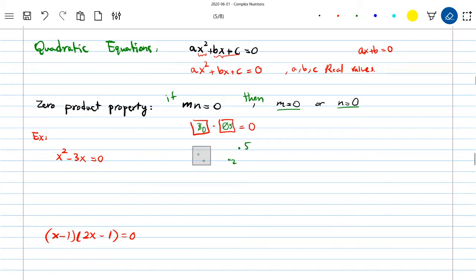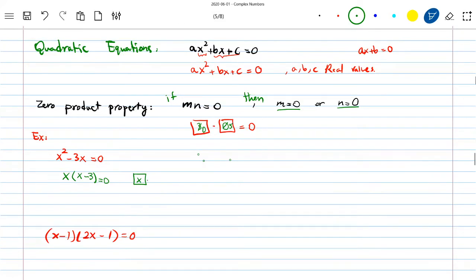Okay, so how are we going to use this to solve equations? Let me show you. Let's look at this example, x squared minus 3x equal to 0. Both terms have an x in common. If you factor out an x, what you have left from the first term is x, and from the second term, minus 3, equal to 0. Now think about this as the two boxes, as I mentioned.